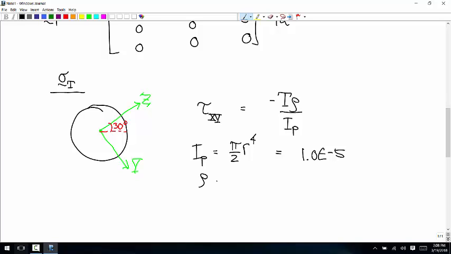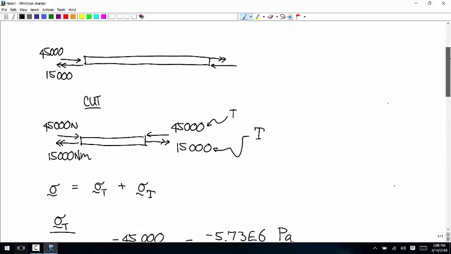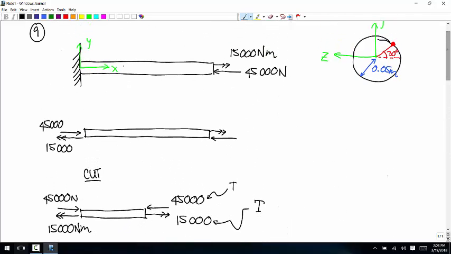Our rho is 0.05 because we're right at the outer boundary. The torque is positive 15,000.